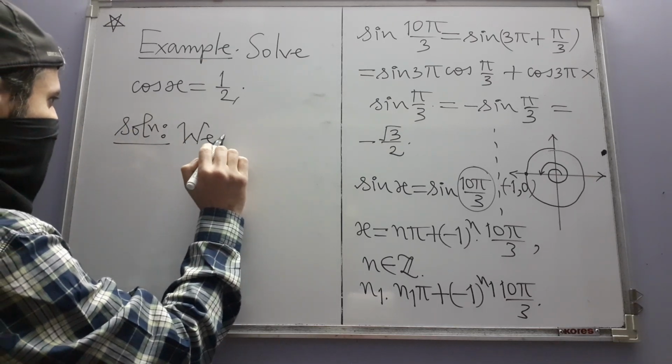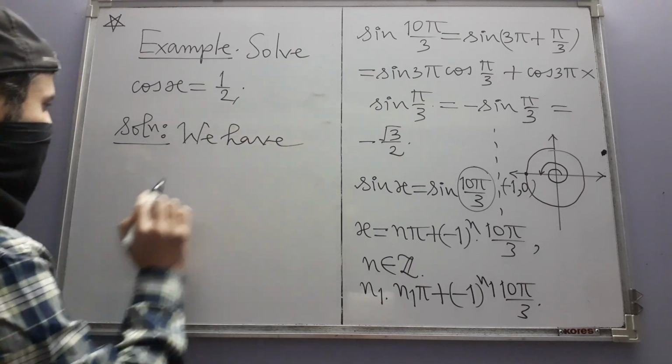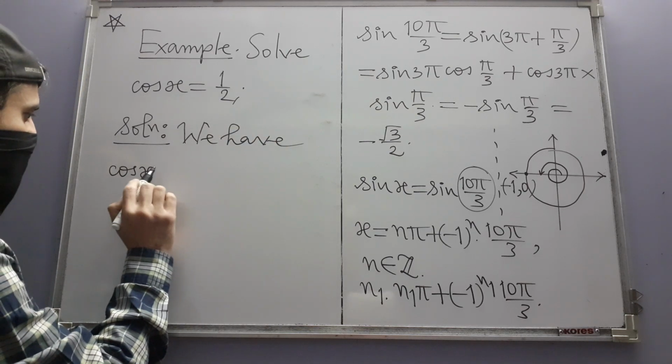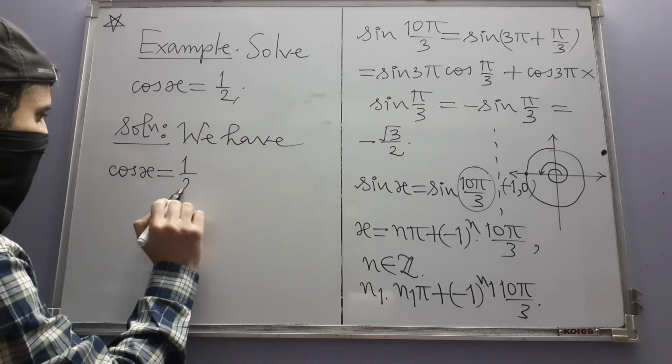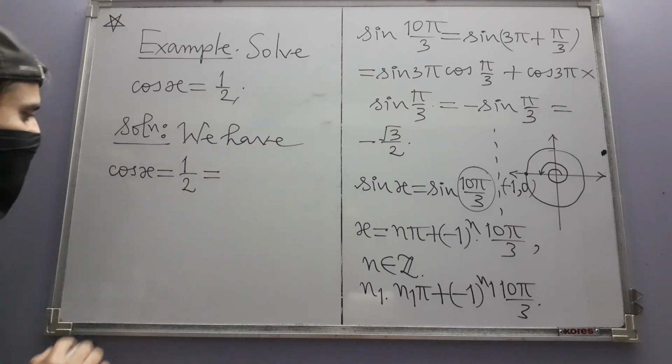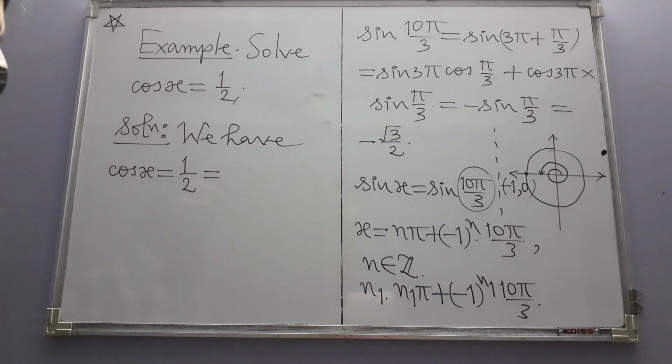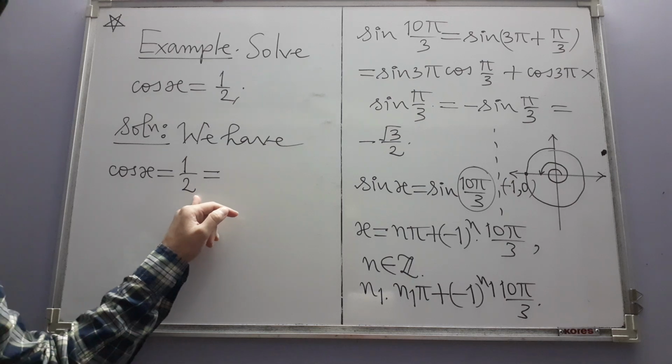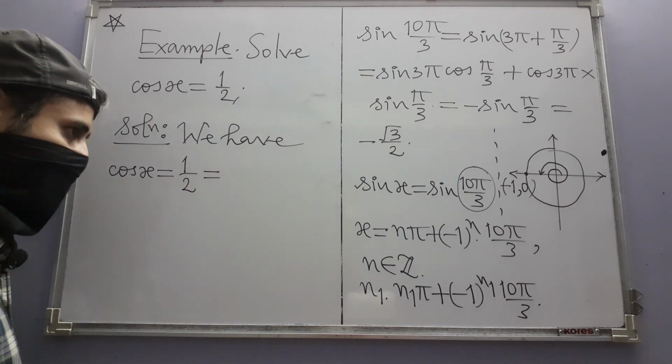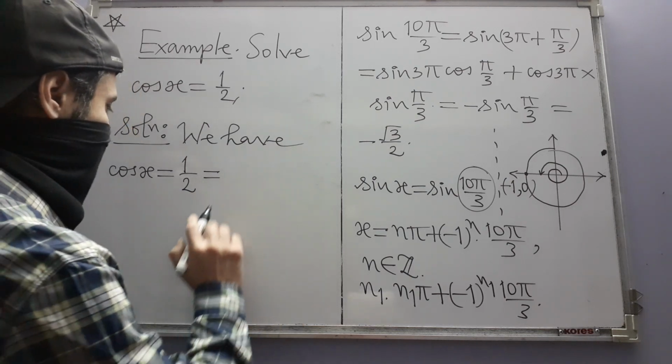We have cos x equal to 1 divided by 2. So for what value of x do you know that this value is 1 over 2? Same, pi over 3, that means 60 degree.